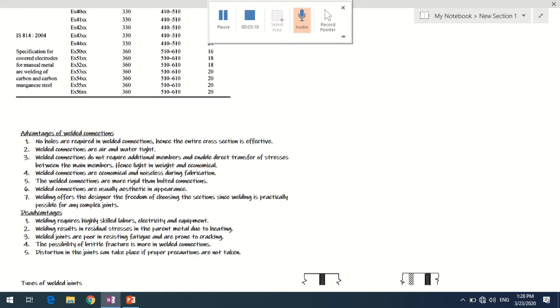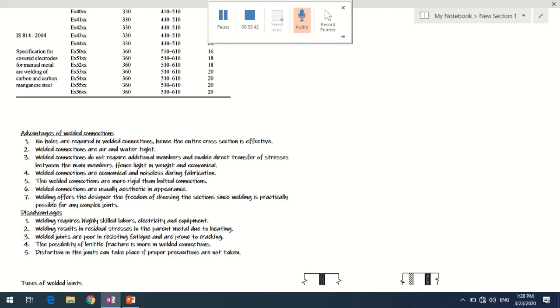They are light as compared to those, and this results in reduced cost of fabrication. The fourth advantage with the welded connection is that they are noiseless during fabrication. The welding process hardly produces any noise during fabrication.